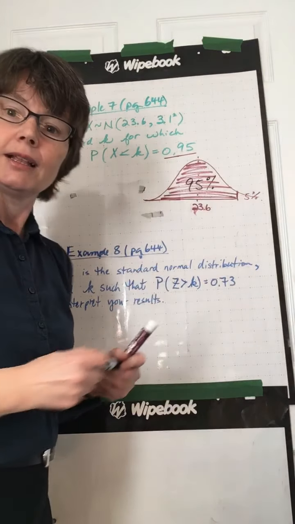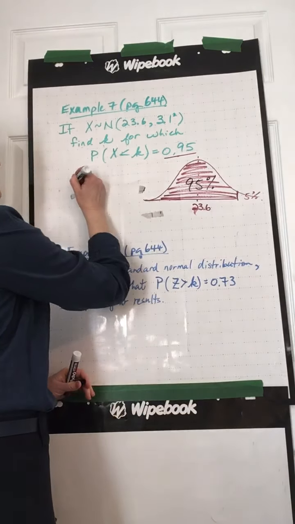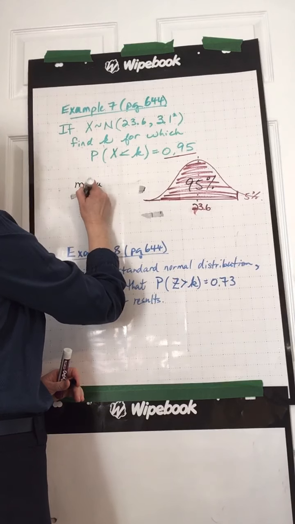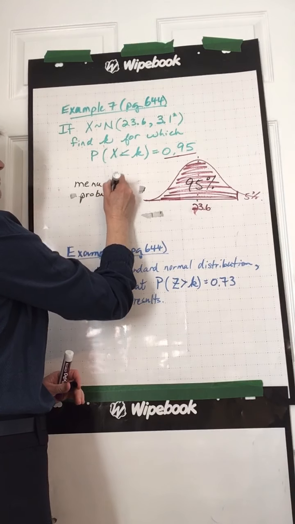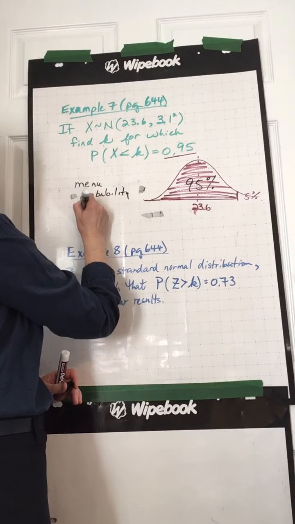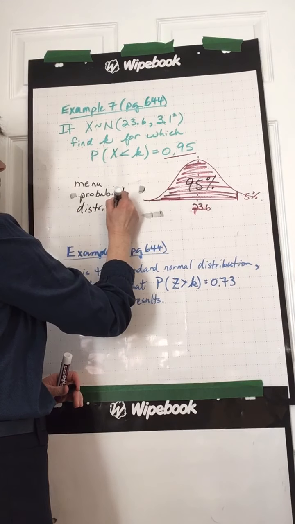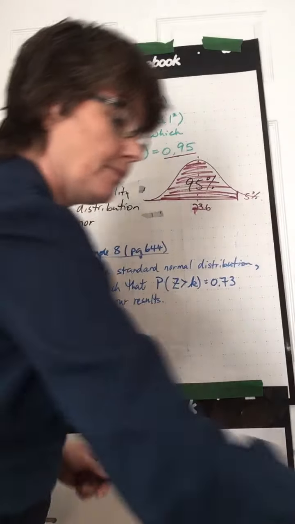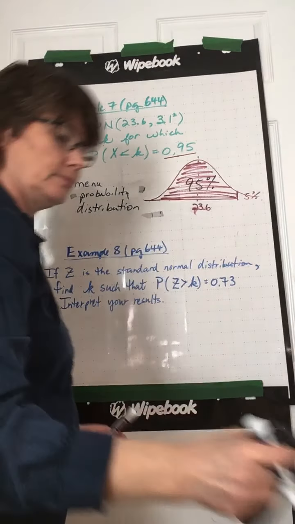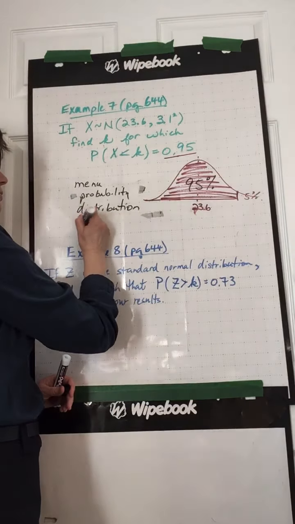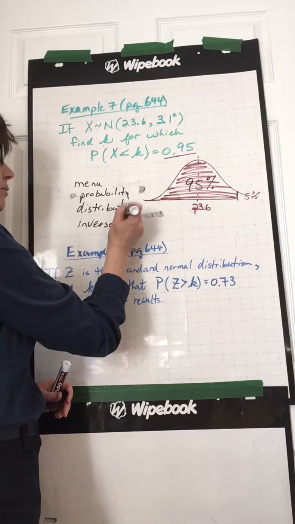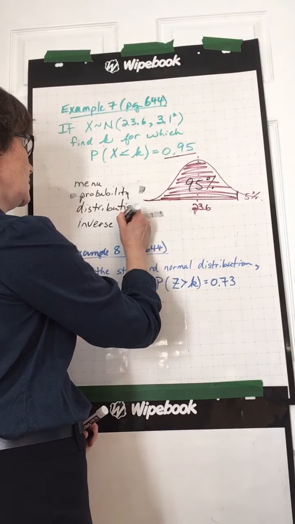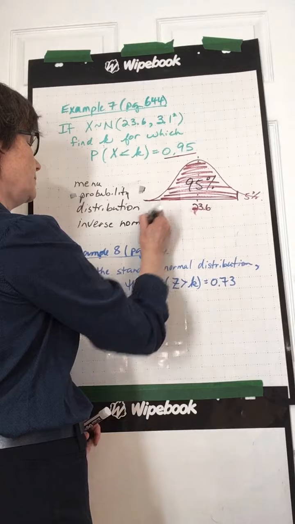Okay, so we get the calculator out and we say menu, probability, distribution, and normal, no, not normal, inverse normal. Doing the inverse. We're not finding a probability, we're finding a quantile, so we have to use inverse normal.